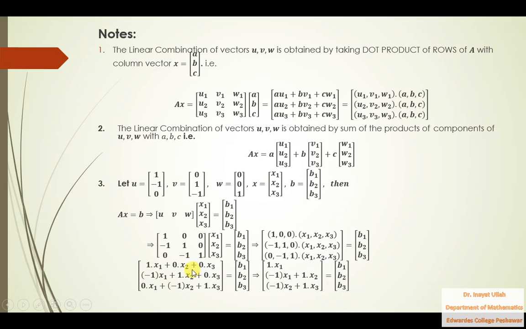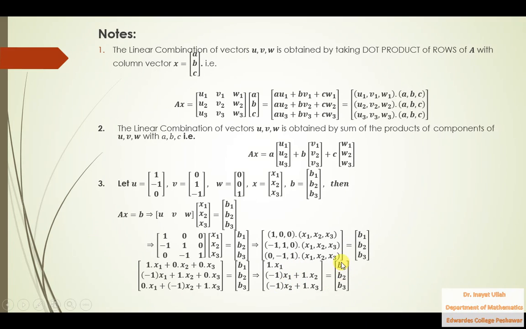So I have written this dot product in some form, equal to b1, b2, b3. That will become 0, so 1 into x1 will be left here, and this will become 0. These two are left, and similarly these two are left here. So this thing is equal to that thing.